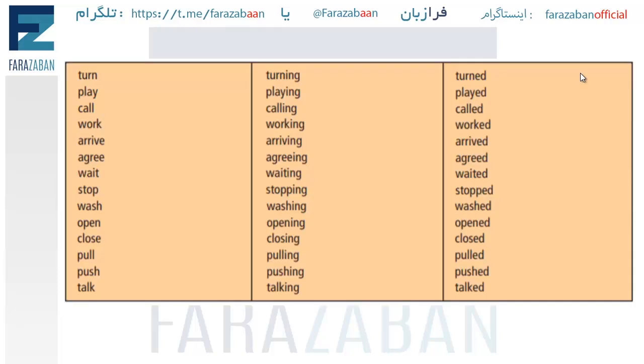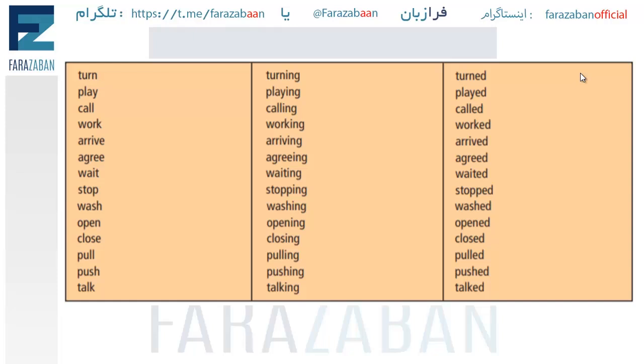Okay, now we have some verbs. Turn, play, call, work, arrive, agree, wait, stop, wash, open, close, pull, push, talk. In the next column, you can see the verbs in the ing form, in the present continuous tense form. Turning, playing, just add ing to the verb.